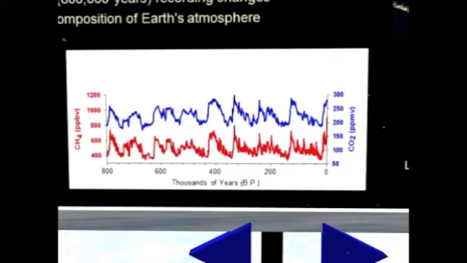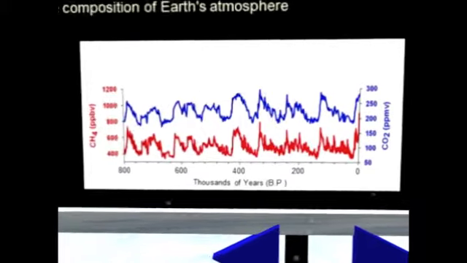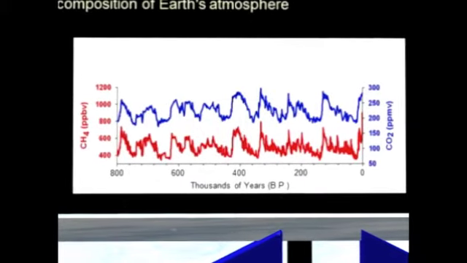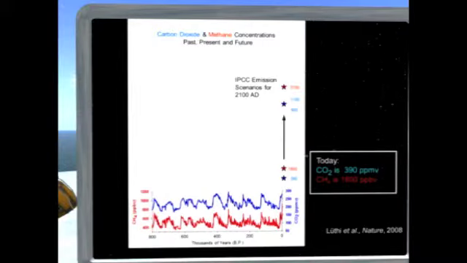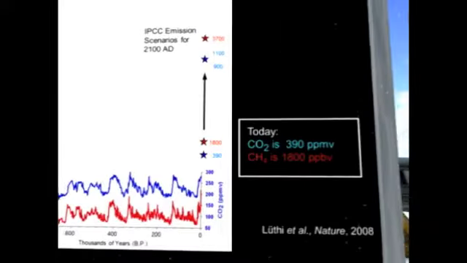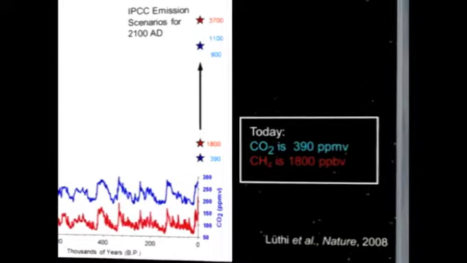And what you'll notice is that the red line, which is methane, and the blue line, which is carbon dioxide, go up and down together. So when it's warm, we have more of these greenhouse gases, and when it's cold, we have less. If you see on the right side, you'll see the 2 dots or the stars, the red one and the blue one.